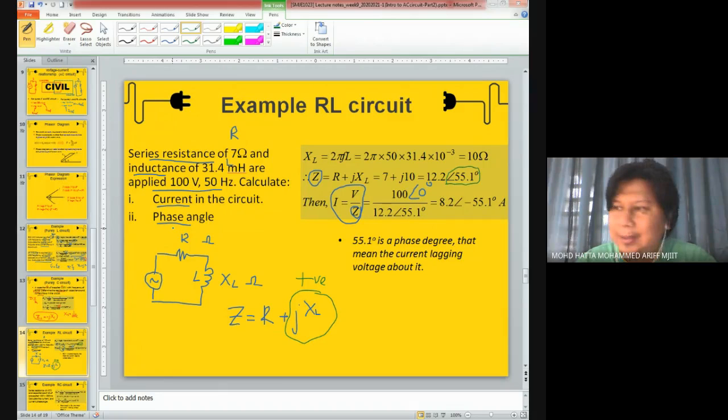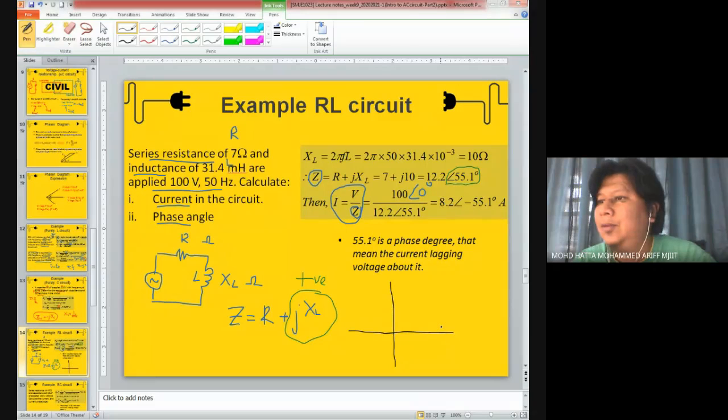For the phase angle, in my practice, to find the phase angle, I always draw the Argand diagram to graphically analyze the vector of voltage and the current. So in this case, the vector of voltage, maybe I write in blue color.